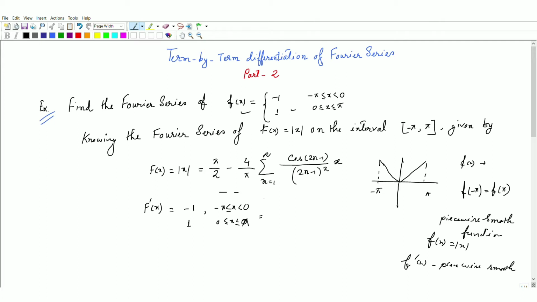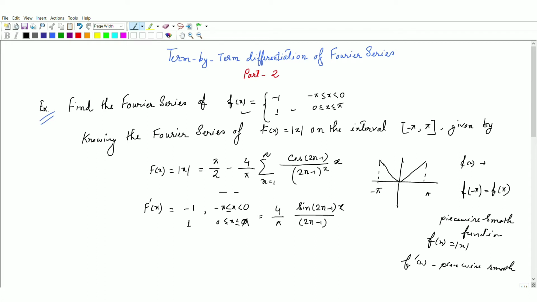If you do the differentiation, the constant becomes 0, and for the other term 4 over pi, one minus sign comes from the differentiation of cos, so minus minus plus. It will become sine of (2n minus 1)x, and a factor of (2n minus 1) will remain, because another (2n minus 1) comes in the numerator.